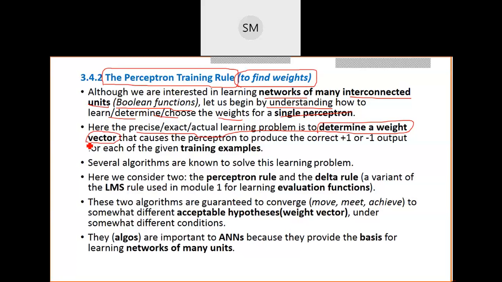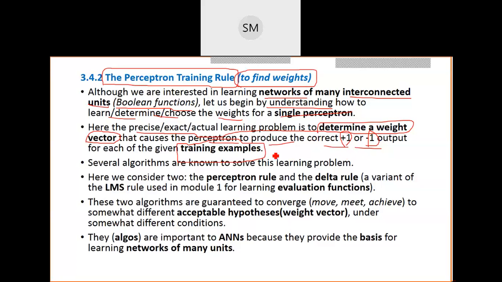These weights make our perceptron give the output of plus 1 or minus 1 correctly for each given training example. It means it is a positive or a negative training example. If you want to classify it, our perceptron should give the output plus 1 or minus 1. To do this, we have some algorithms.